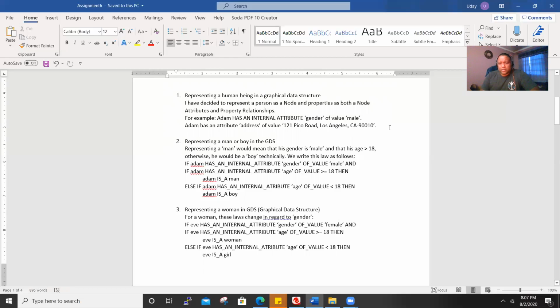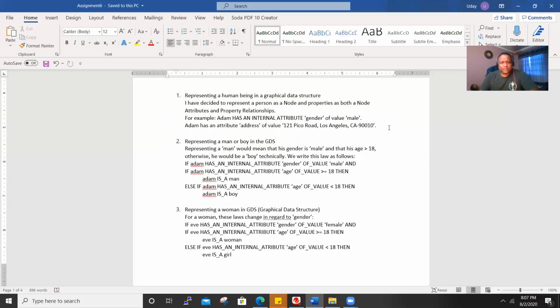That would tell us that he belongs to this, but it's not an internal attribute because it does not really belong to Adam. Adam owns that property, but who knows? He may sell it. It may go to somebody else. So that doesn't really belong to him, but it's a property relationship. So we're going to distinctly separate these two relationships.